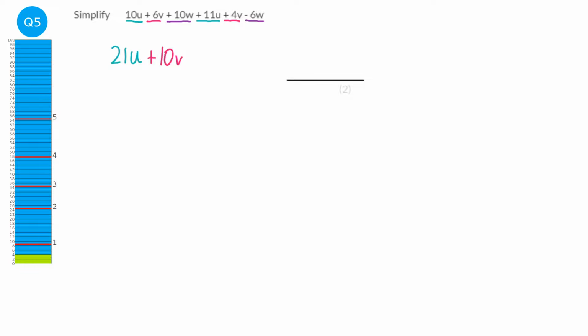So 10 take away 6 is 4w, so plus 4w. But we can't add a u term to a v term to a w term. So we have to just leave them be. So our answer is 21u plus 10v plus 4w.